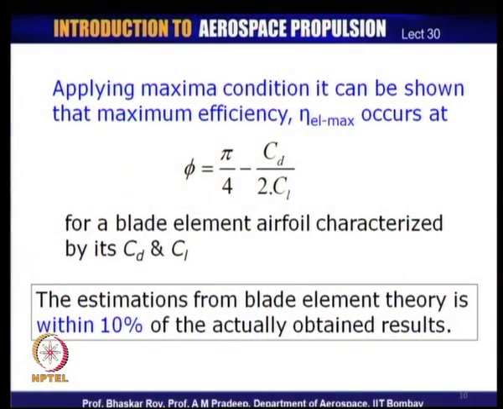And if we do that, we can create a propeller which then can be deployed in an aircraft flight. So, these are some of the simple things that can be derived out of this elemental propeller efficiency and the thrust and the torque that we can calculate.